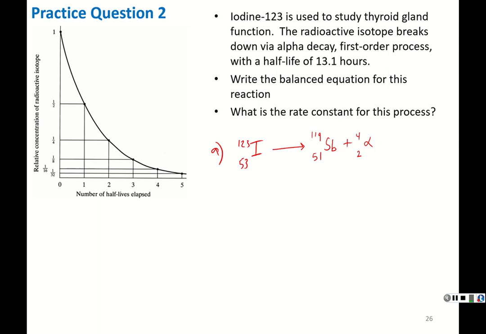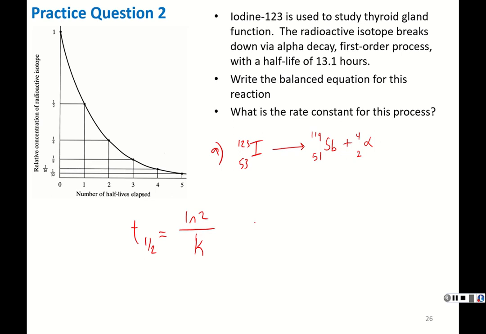Second part, what is the rate constant for this process? Anytime you're asked for a rate constant, it means you've probably been given a half-life or can look the half-life up. So we just set up our equation. Half-life equals ln of 2 over k, where k is the rate constant.